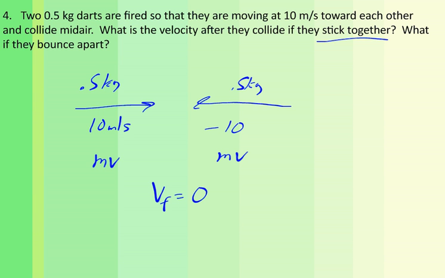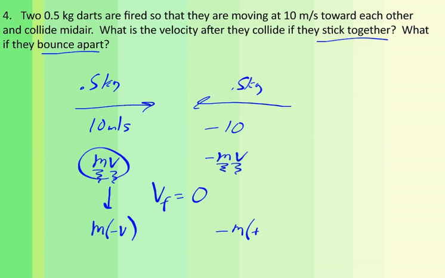And for the second part, if they were to bounce apart, this is another special case: because they have the same mass and the same velocities, they end up switching. This object would now have the negative of its velocity, and this object would have the positive of its velocity.